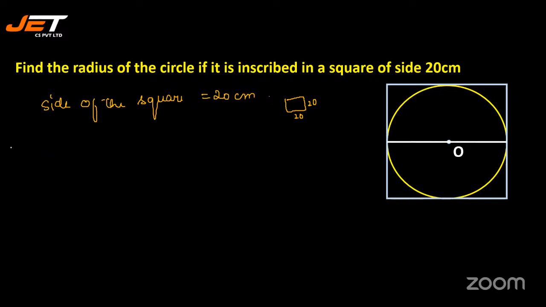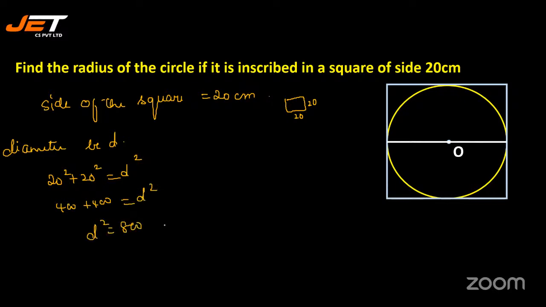Okay. So again, let us assume the diameter to be D. So it is 20 square plus 20 square is equal to D square. So 400 plus 400 is equal to D square. So D square is equal to 800.